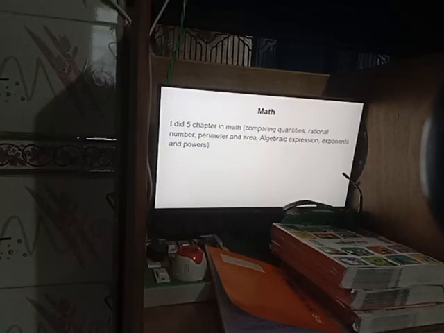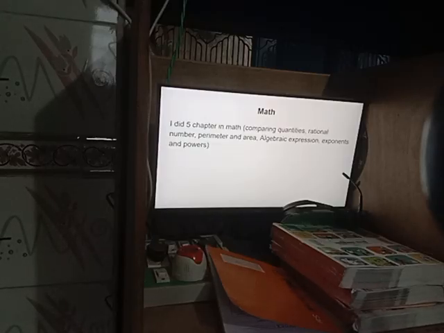So mainly these are the points which they tell in that chapter, rational numbers. After that, perimeter and its area. That is a very small chapter. In that chapter they tell about the formula of perimeter and area of a parallelogram.